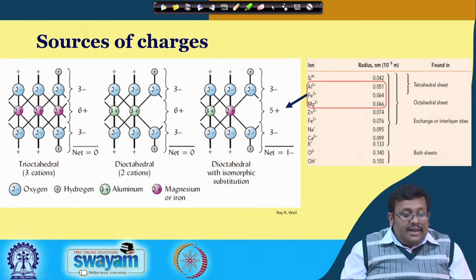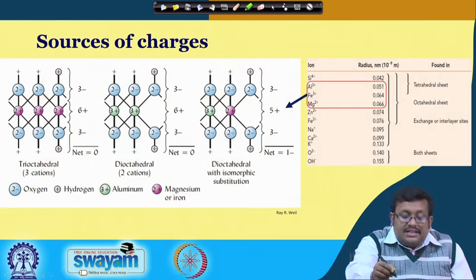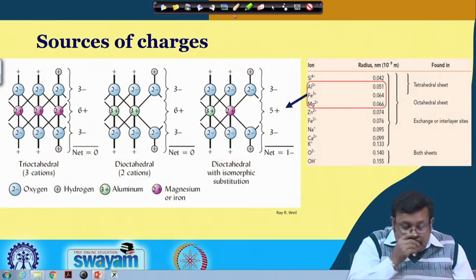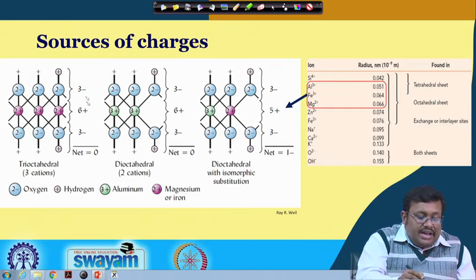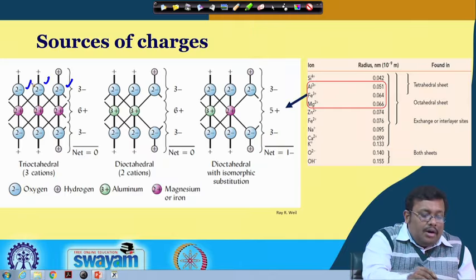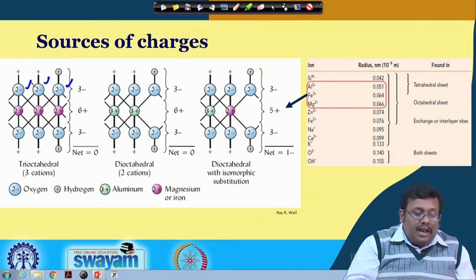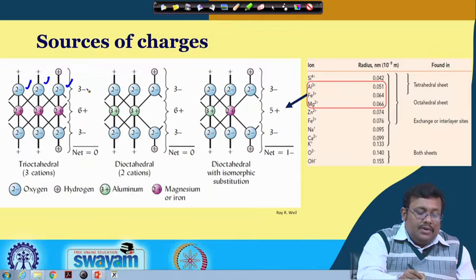So let us move ahead and see in detail this isomorphous substitution. You can see here in this tetrahedra 3 cations, obviously -3 stands for 3 oxygen groups, and we are getting -3 because one of their minus charge is getting shared with the adjacent silica.